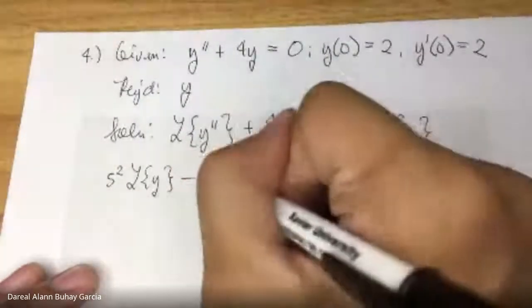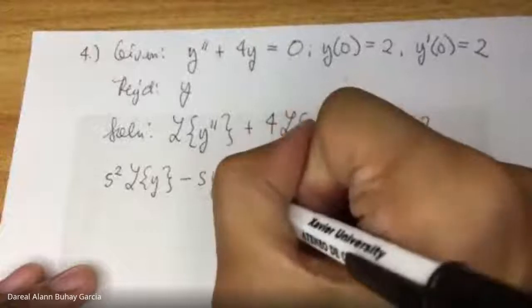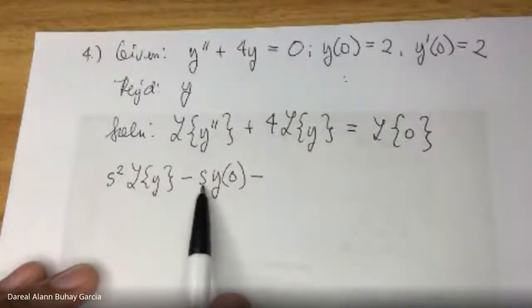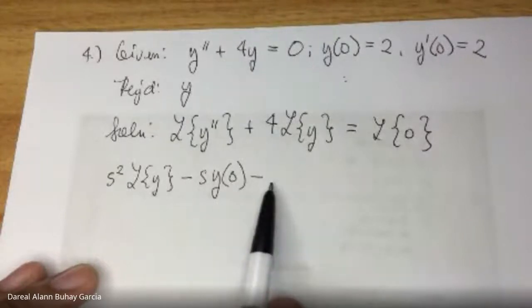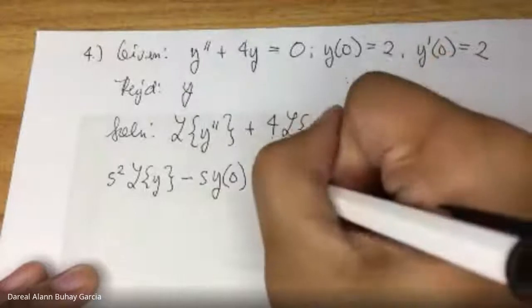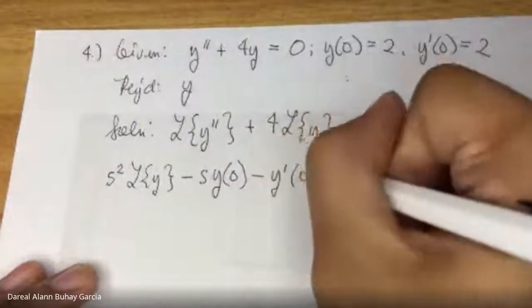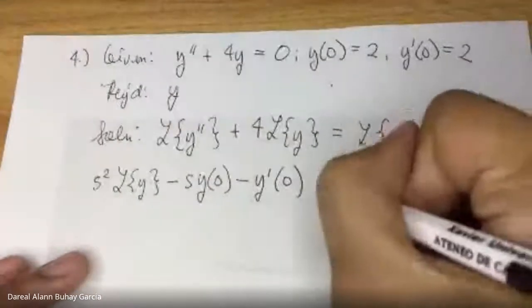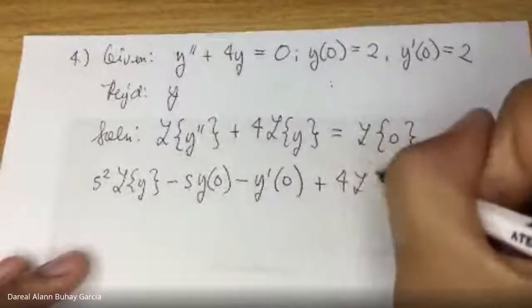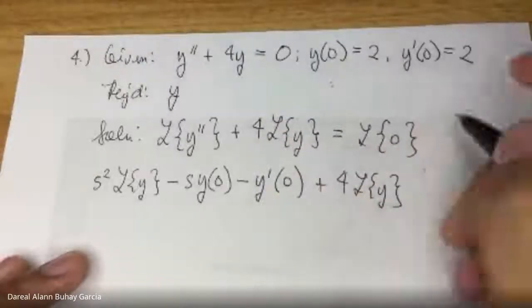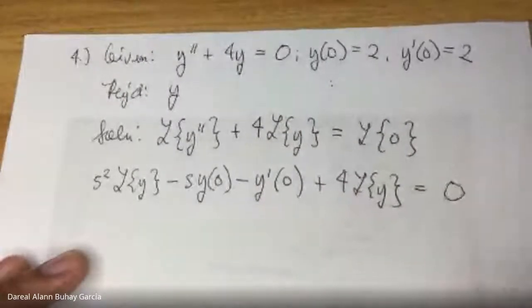Minus s times the first initial value, minus s to the zero times the second initial value. Plus 4 Laplace of y, equal to 0.